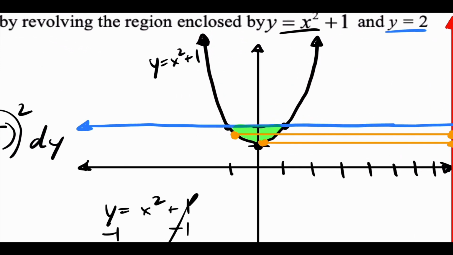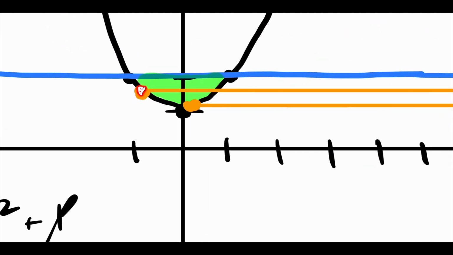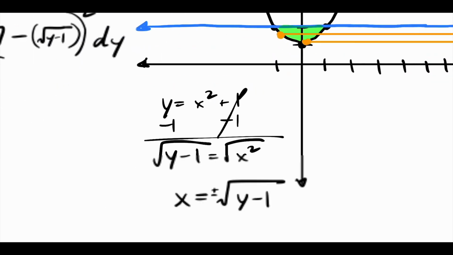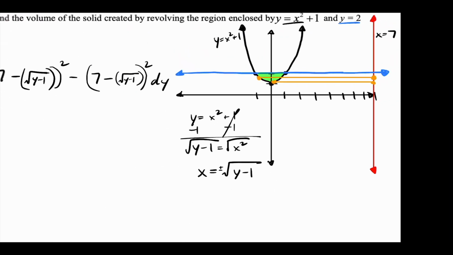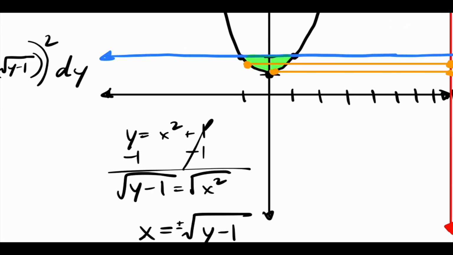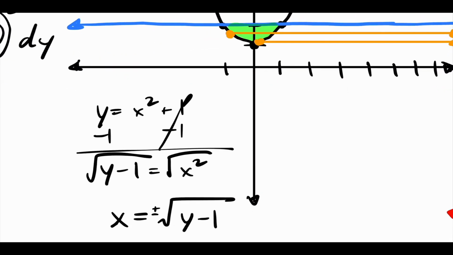So we have to decide, because one dot hits this side, the other dot hits this side, right? So we have to determine which one is going to be positive and which one's going to be negative. Well, to do that, you just plug in a point, right? (1, 2) is on this side.